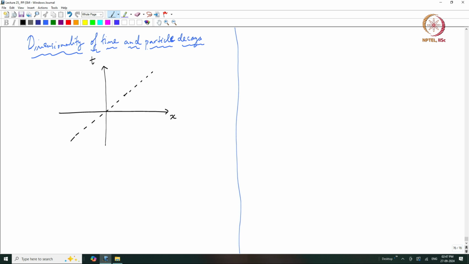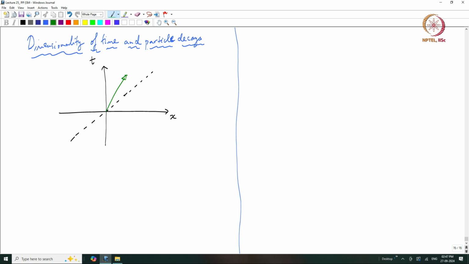And I am going to start by considering a time-like vector. Starting from the origin, I have a time-like vector with this direction and this magnitude. Now, what is the length of this vector?